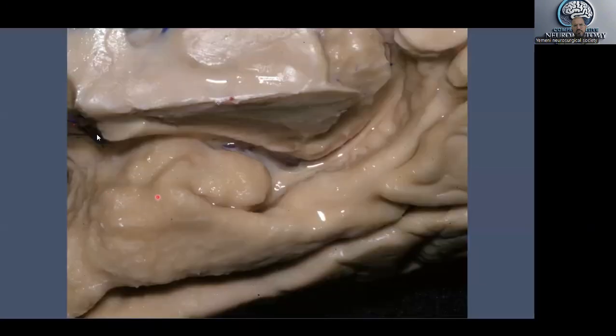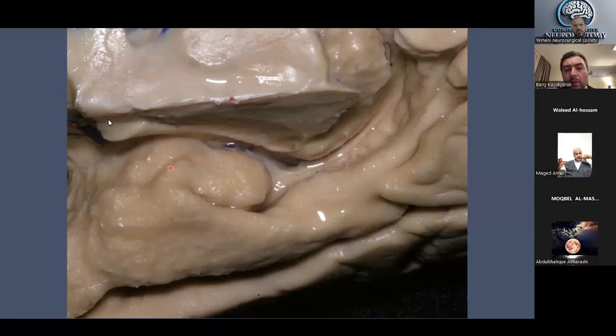So again, if we divide the uncus into a superior and an inferior part, the superior part of the anterior segment of the uncus covers the amygdala. The superior part of the posterior segment covers the head of the hippocampus, and the inferior part of both the anterior segment and the posterior segment, together with the parahippocampal gyrus, hosts the entorhinal cortex.